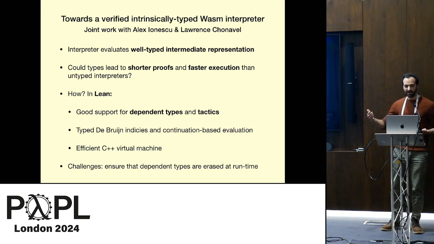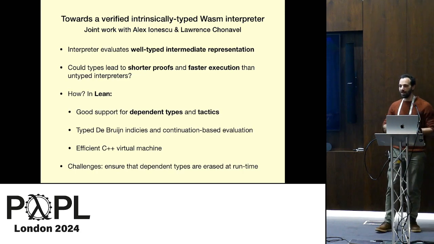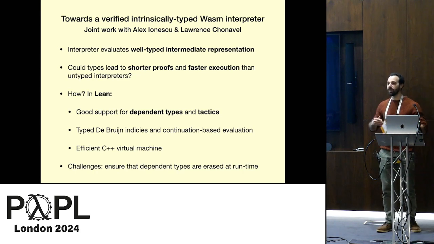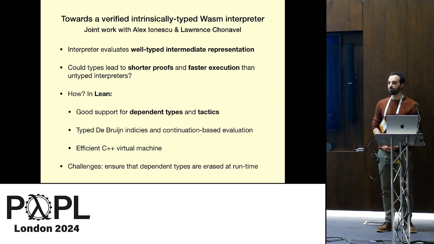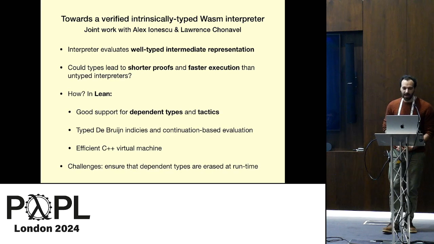The other side is about execution. Conrad's interpreter showed that there are a bunch of tricks that you can use to make this interpreter faster. And we are continuing on that line.